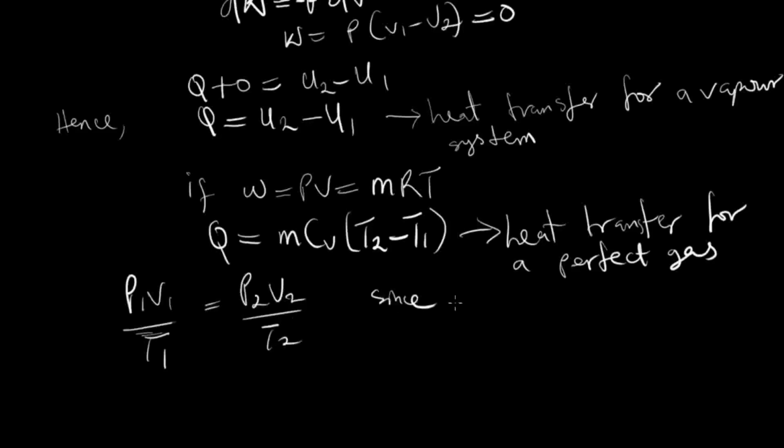Since V1 is equal to V2, the formula becomes P1 over T1 is equal to P2 over T2. This is what we'll be working on.